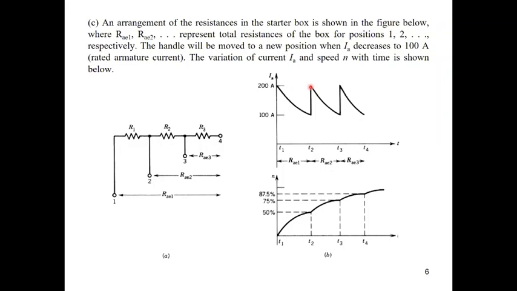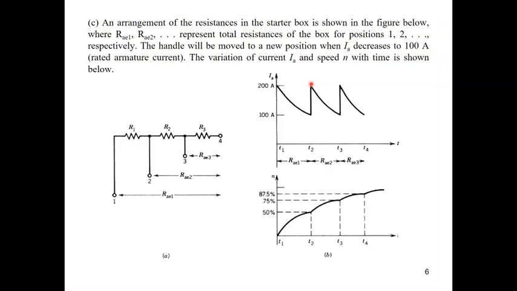Yes, this is right. However, we can differentiate between them by saying T2 minus, where the current is less than 200 amps, which is 100 amps here, and we call the other point T2 plus. So this is like the transient operation.